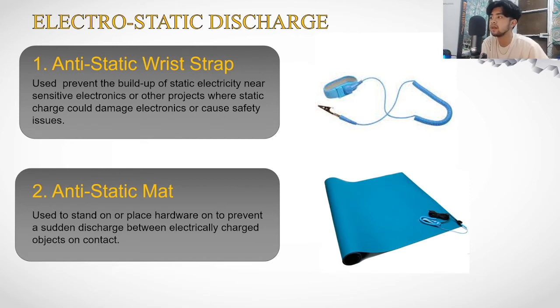First, we have the anti-static wrist strap. It is used to prevent the buildup of static electricity near sensitive electronics or other projects where static charge could damage electronics or cause safety issues. Number 2, we have the anti-static mat. Used to stand on or place hardware on to prevent a sudden discharge between electrically charged objects on contact.